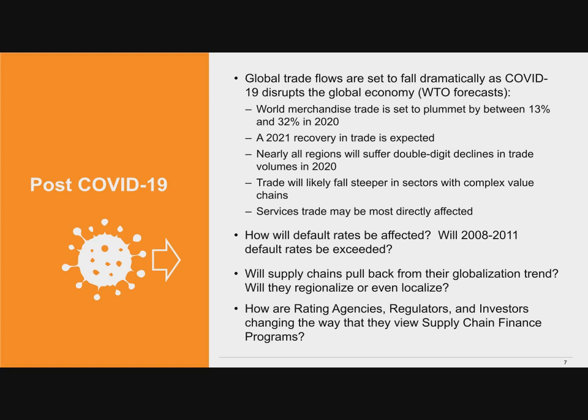The World Trade Organization predicts that trade will likely fall steeper in sectors with complex value chains. In other words, those supply chains that rely on multiple jurisdictions, multiple providers to produce or manufacture. And service trade may be most directly affected as people effectively cut their demand for services.